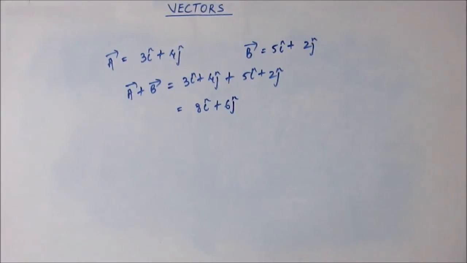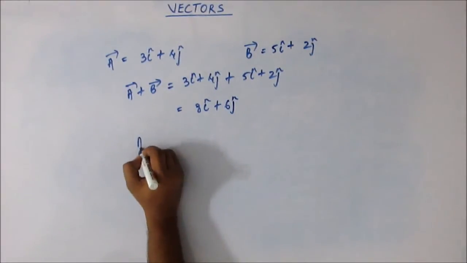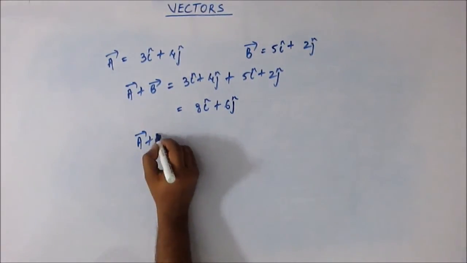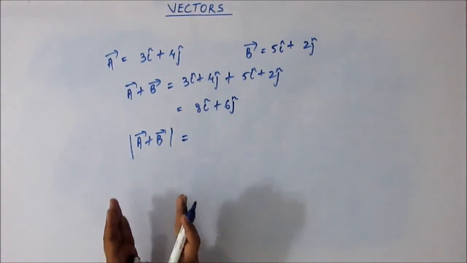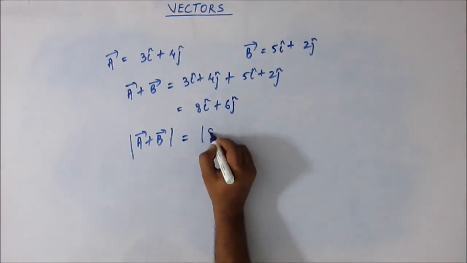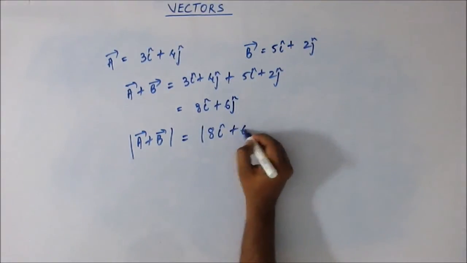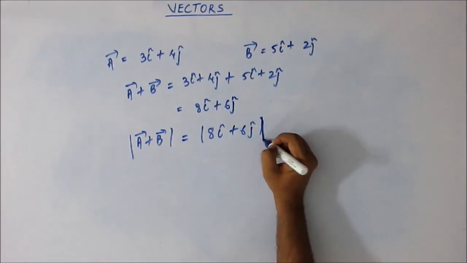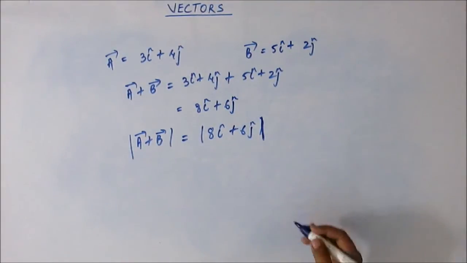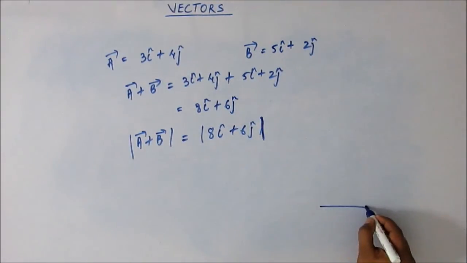Now if I ask what is the magnitude of A vector plus B vector, it will be represented like this, mod of A plus B. Calculating the magnitude is simple, because when we studied the addition of vectors, we saw how to add these two vectors.